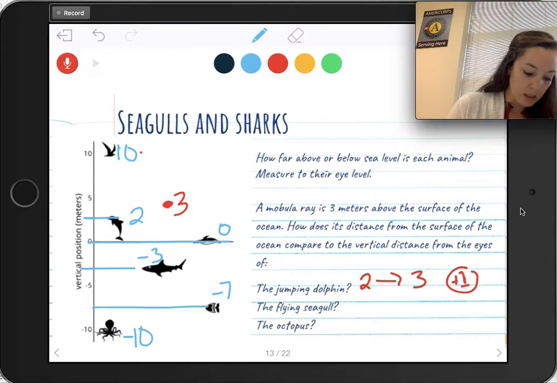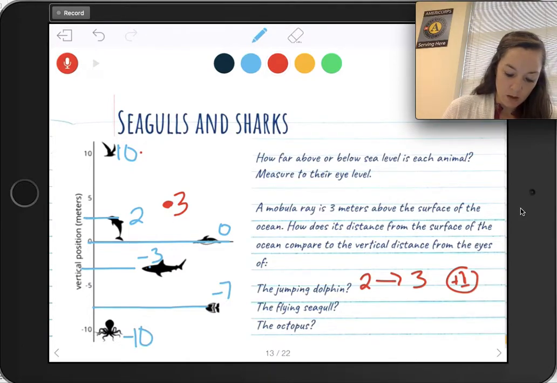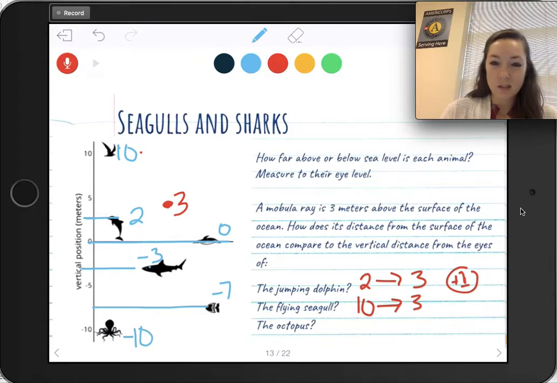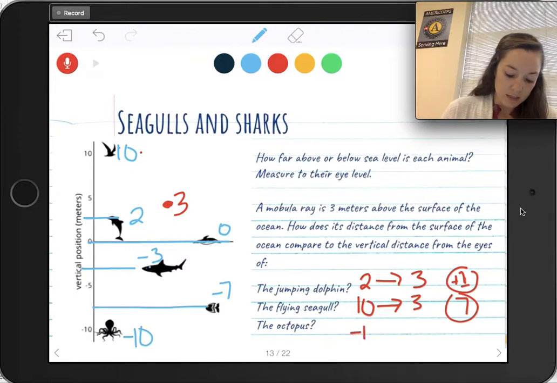What about the seagull? Okay, well, the seagull is at 10 and the ray is at 3. Well, what's 10 minus 3? Well, it's 7. It's 7 away from it. And then the octopus is at -10 and our ray is at 3. Well, let's look at this.